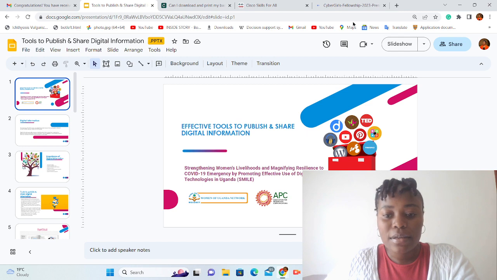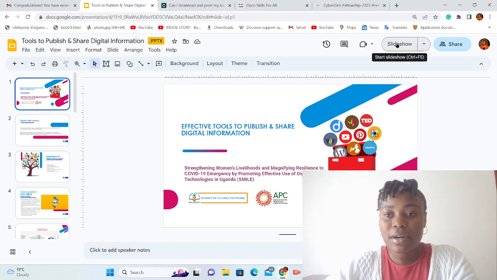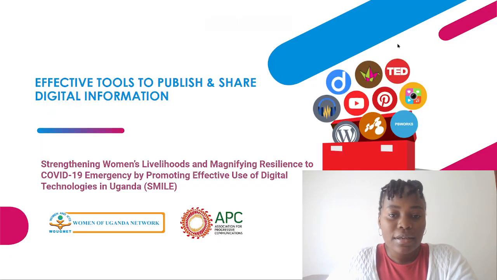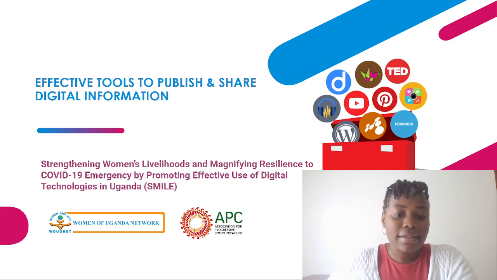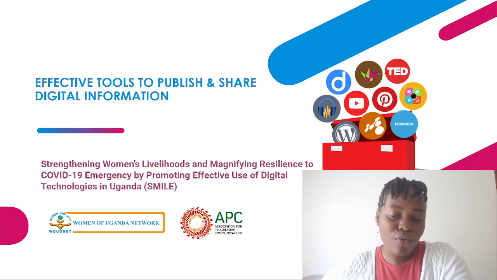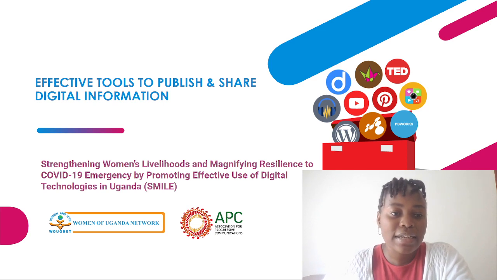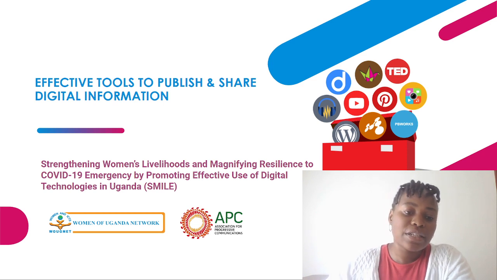Just on our screen, the project is funded by APC, in full Association for Progressive Communication, and is being implemented by WUGNET. And for us to go forward, briefly, we have been having various engagements on online tools, and it was thoughtful for us to understand what effective tools we can use to publish digital information.